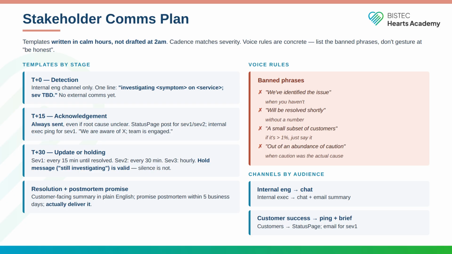A hold message, still investigating, is valid. Silence is not. Customers and executives can absorb a holding message. They cannot absorb silence, because silence reads as either ignorance or indifference.